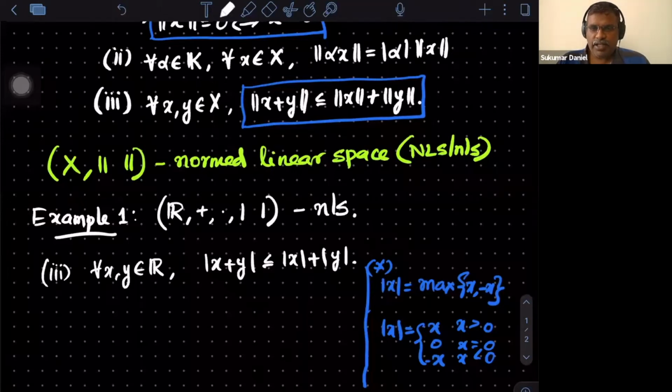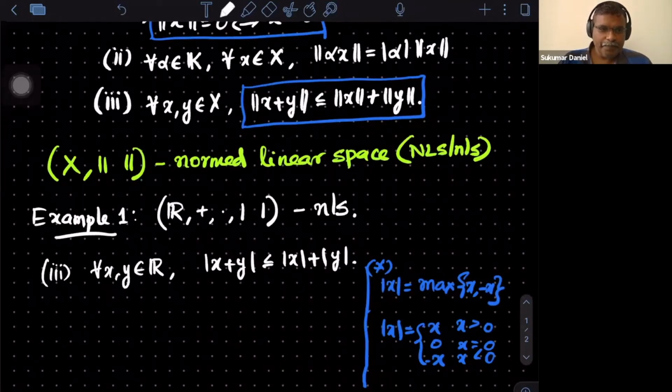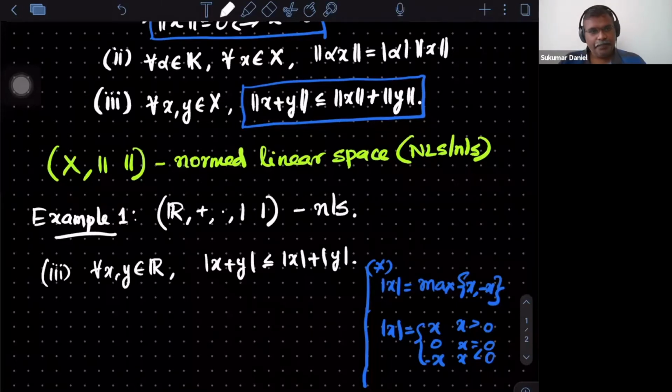So if I show that each of them is less than this right hand side, then I can conclude the maximum of these two is also less than or equal to mod x plus mod y. Is the idea clear? If it is clear, then say yes. Good.